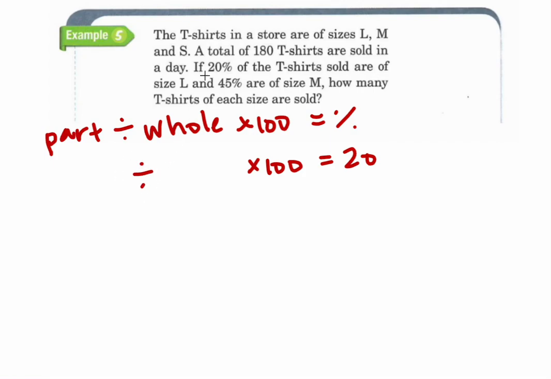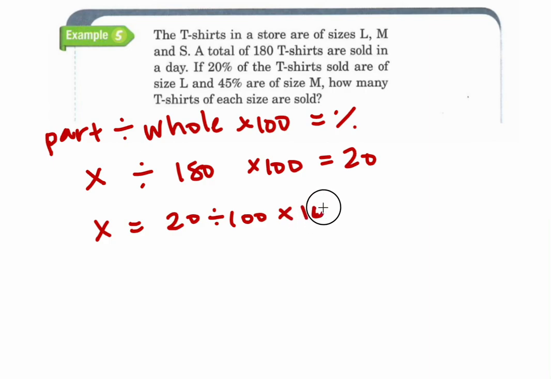We know what the whole is, 180, so we don't know what the starting amount is. So you can work backwards and say, okay, so then X would equal, everything going backwards, 20. We multiply by 100 to get to 20, so now we're going to divide by 100, and then we divide it by 180 to get to that answer, so we're going to multiply by 180.